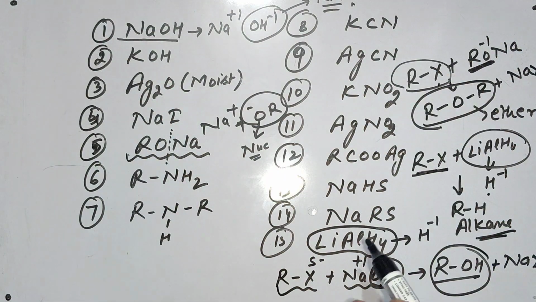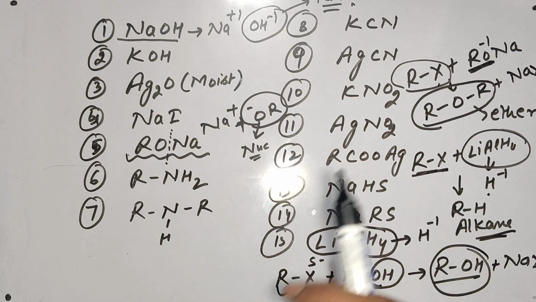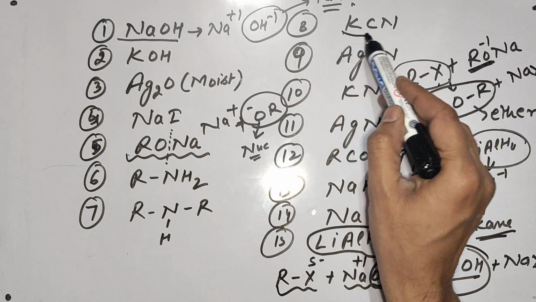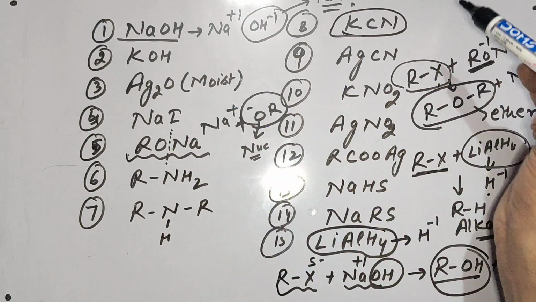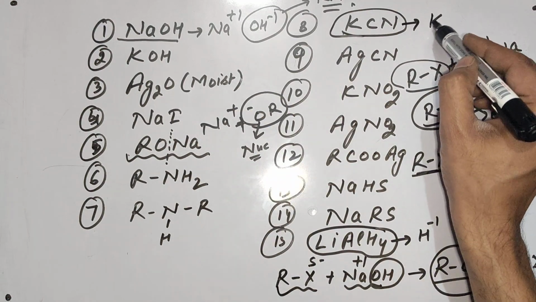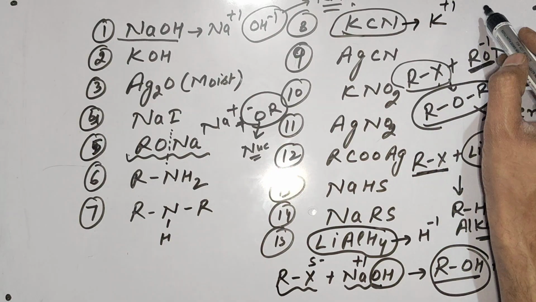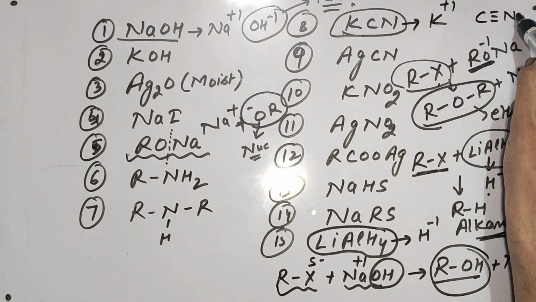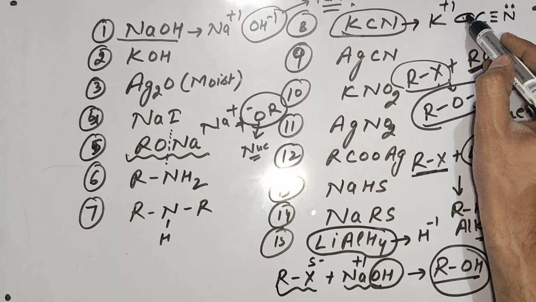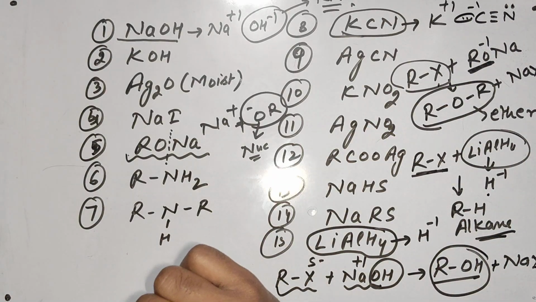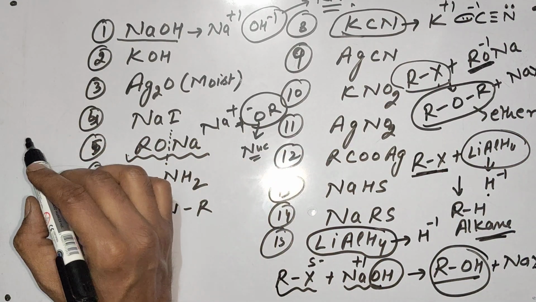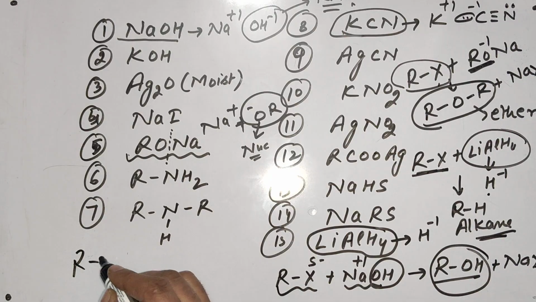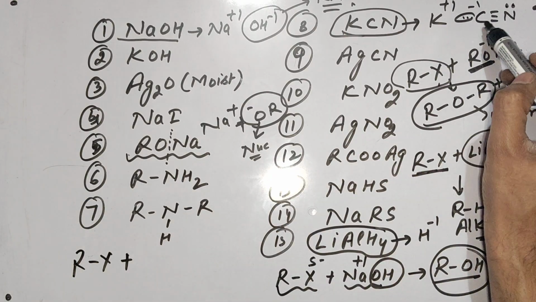Now with these different reagents, we can perform different substitution reactions. Like if I take KCN, potassium cyanide, it always breaks into K positive and cyanide negative. Now if it is reacting with RX, we know which nucleophile it is creating?